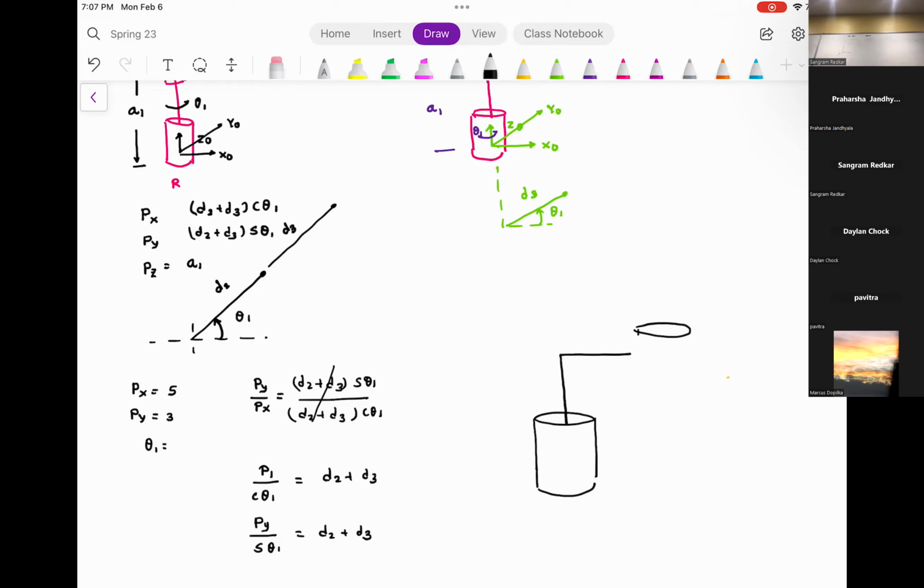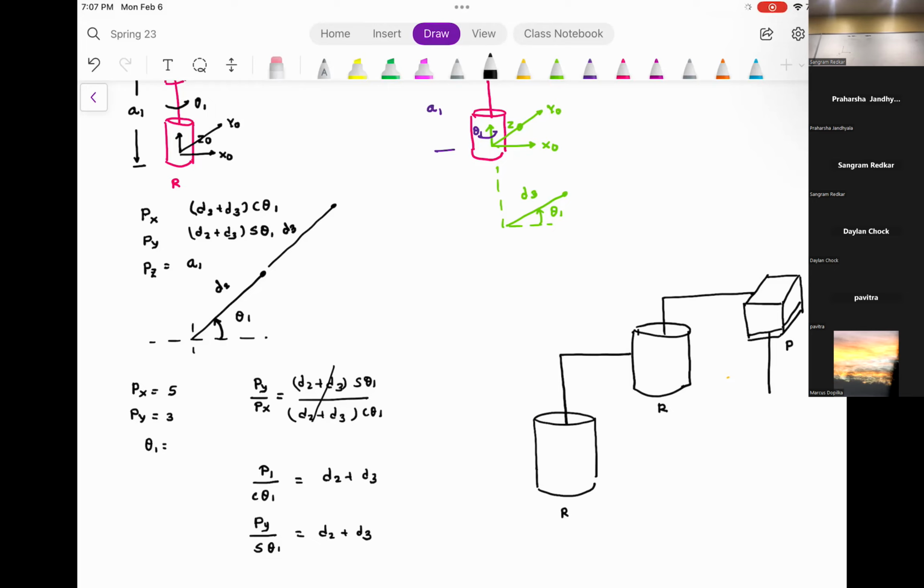So this is attached to the second revolute joint. And then this second revolute joint is attached to a prismatic joint. And this prismatic joint has the joint articulation about this side. So you have this revolute joint, this revolute joint, and this prismatic joint. Do you agree with me?